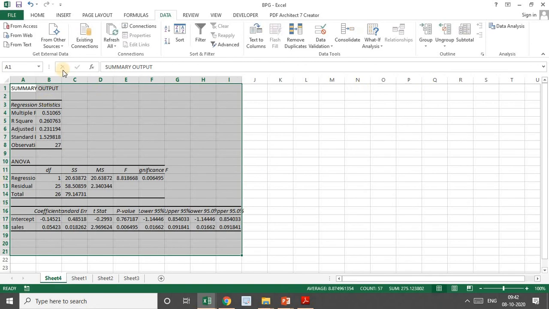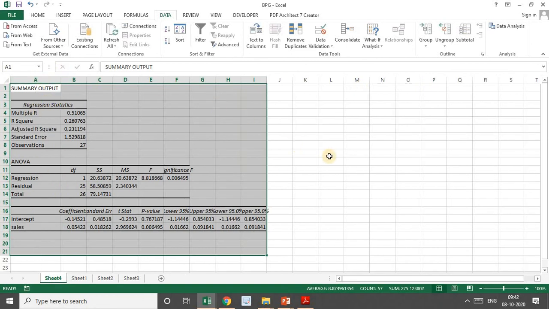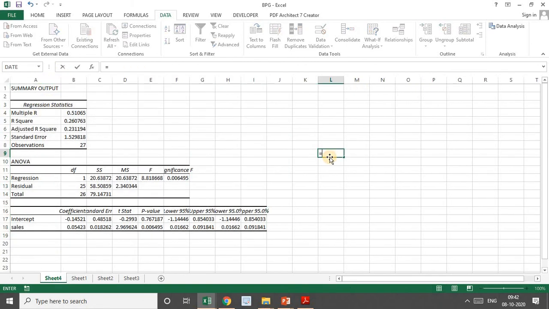Yes. Okay. Now you take the ESS is equal to, this is the ESS. Then this divided by 2. Okay. This is the theta coefficient. Okay. 10.31.